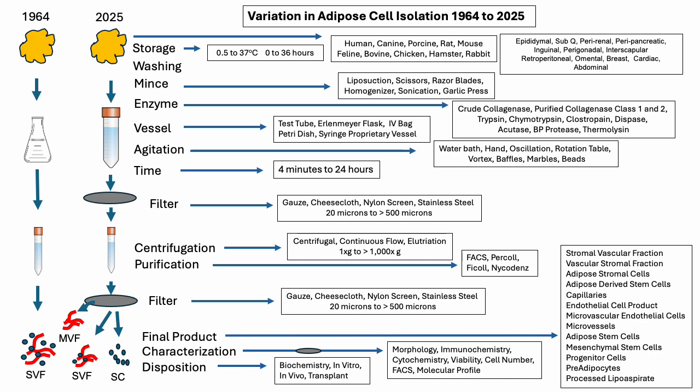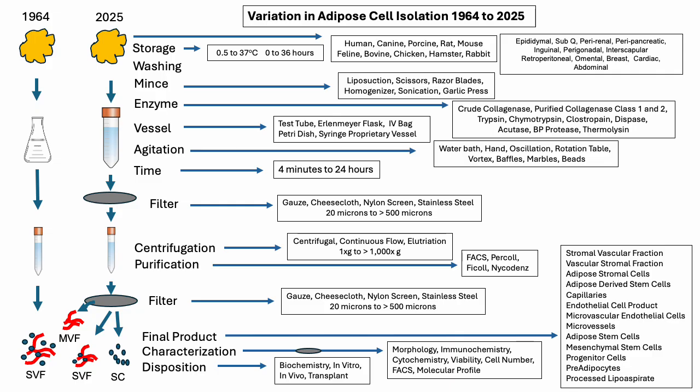But again, to give you an idea of some of the variations that I've found, 1964, the origins of the technique, to 2025, the fat has been isolated from numerous species, and within these species from numerous sites. That creates variability in the type of fat that is obtained.